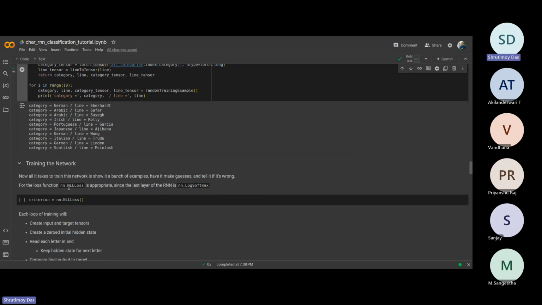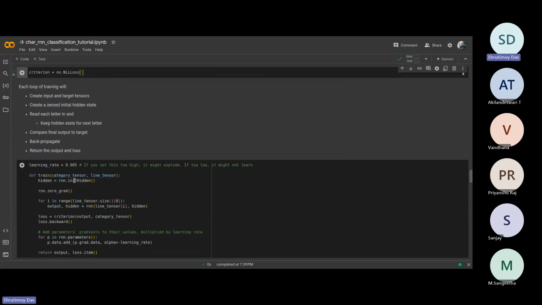In class, you must have seen that whenever you are doing softmax at the last layer for classification, you need a cross entropy type of loss. This NLL loss is a type of cross entropy loss. You don't need to know the details; it comes with practice. The loss function I have for now is the NLL loss, negative log likelihood loss.